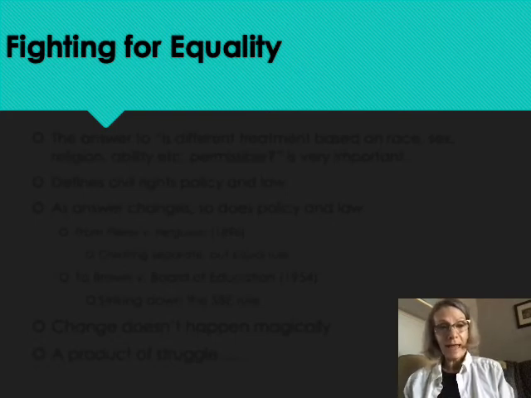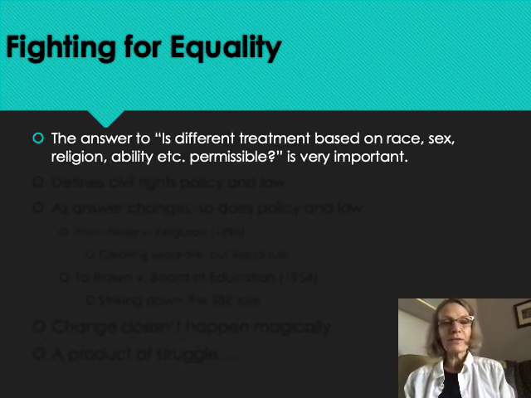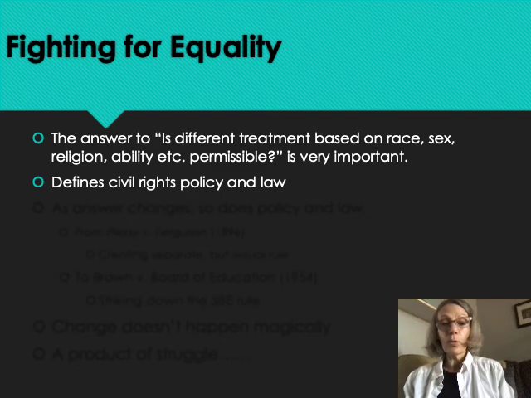The next lecture you're going to be watching is about the actual fight for equality, the fight for demanding government to treat people equally. And so the answer to whether different treatment based on race, sex, religion, or ability is permissible is a very important question, because when we get the answer from the court, it defines civil rights policy and law.